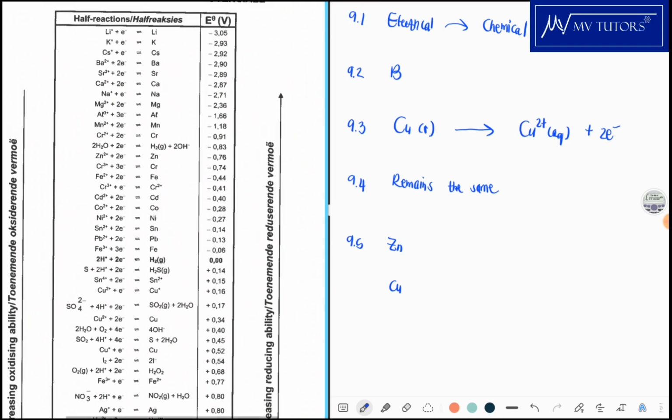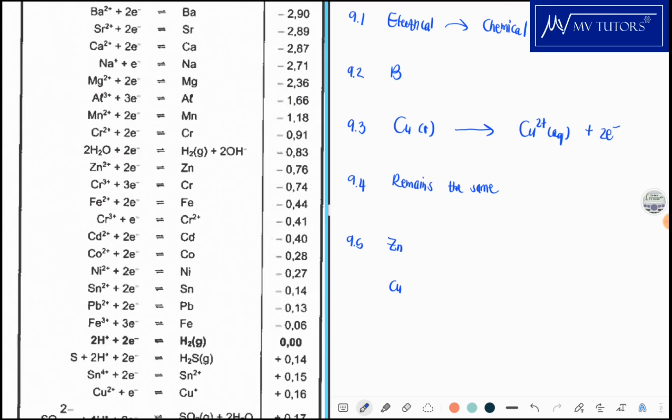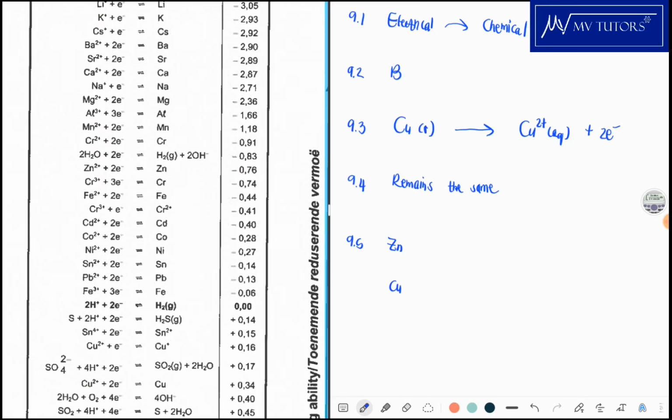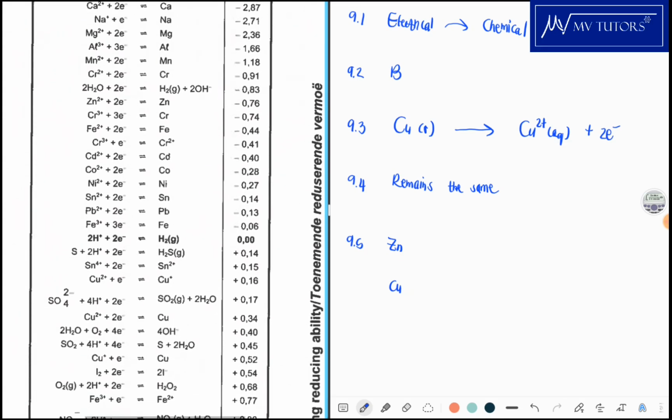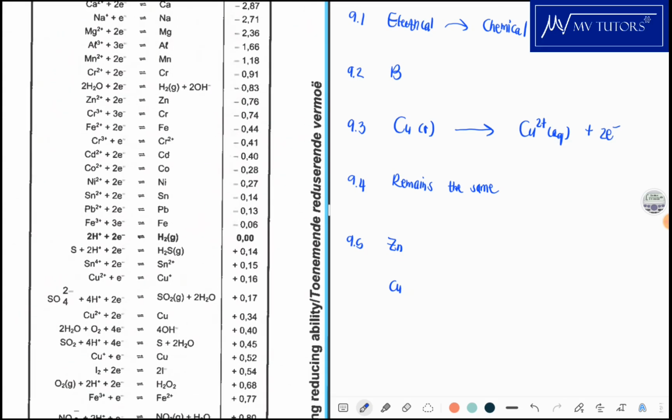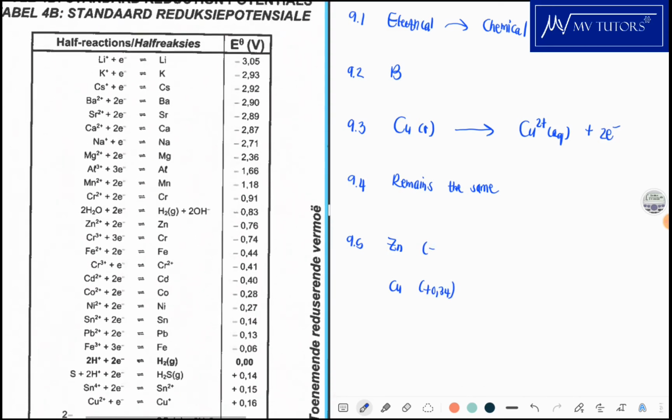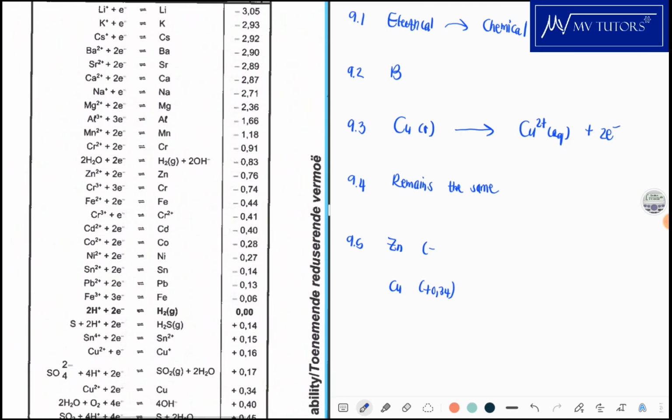All right, so zinc, I can see this is where zinc is. So zinc is pretty much above copper. We have zinc at the top and copper somewhere at the bottom here, yes. Because copper we have plus 0.34, zinc we have negative 0.76 volts.